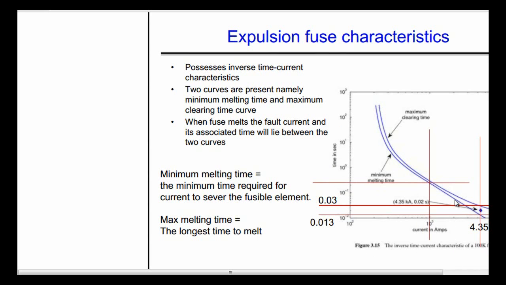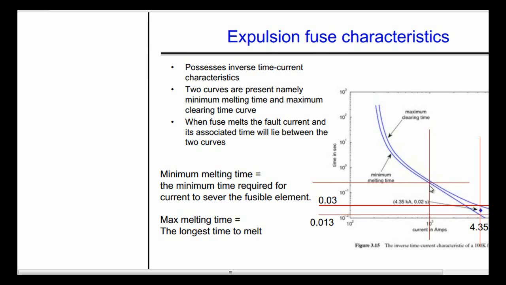This is the area at which the fuse will start melting. This line is the minimum melting time, and this is the maximum clearing time when the fuse melts and opens the circuit. So it's an inverse time-current characteristic.